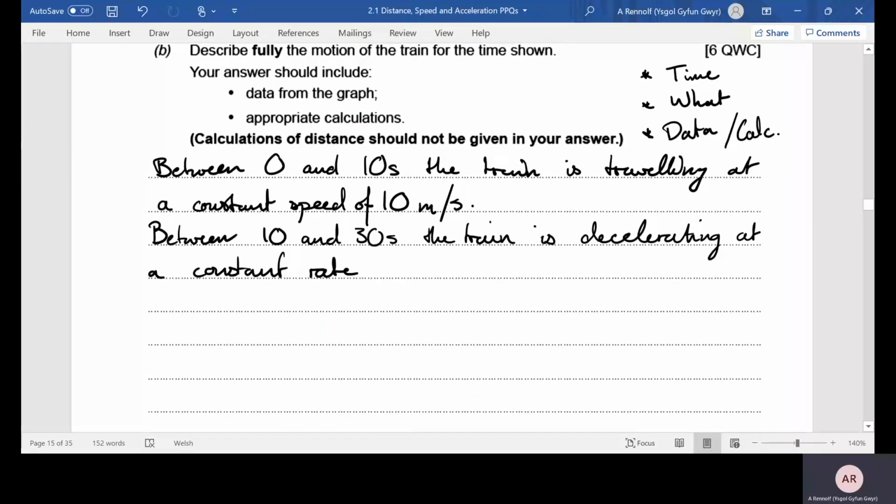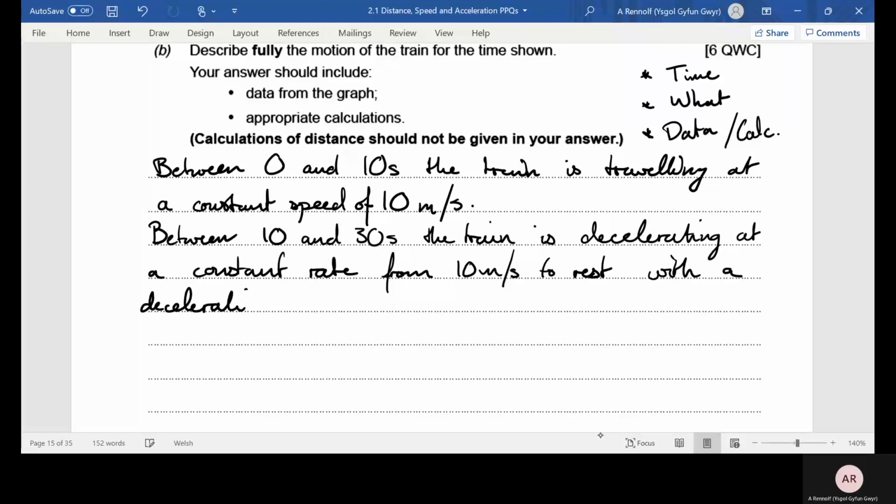Let's give some data. We're going from 10 meters per second to rest. And then we're going to do some calculation with a deceleration of, now what I suggest you do for this part is leave a little gap, and then we're going to put some brackets in to do our working, and then we can just go back and fill the gap with the value that we find.